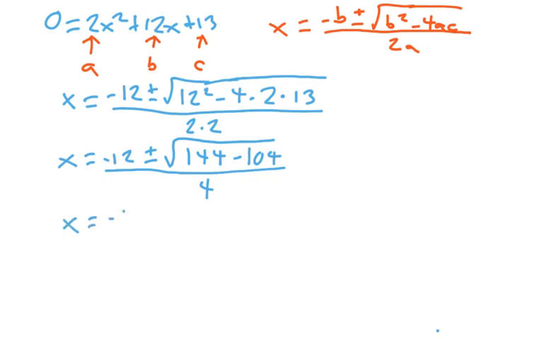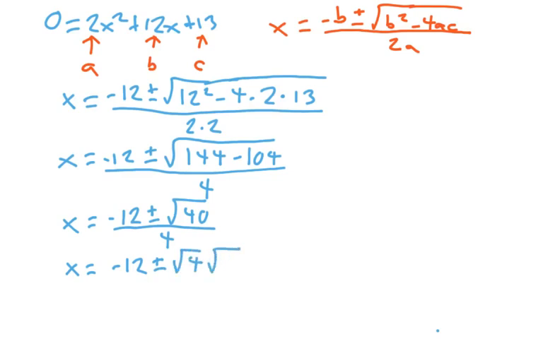I recognize that 144 minus 104 would just be 40. And we remember that we can simplify radicals by factoring the radicand into a perfect square, like 4, and something left over, 4 times 10.